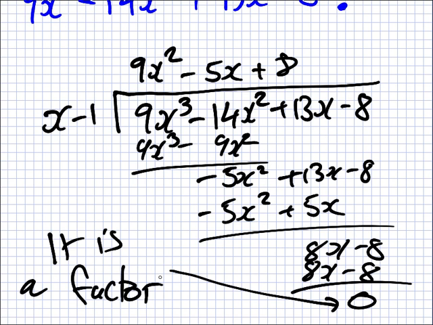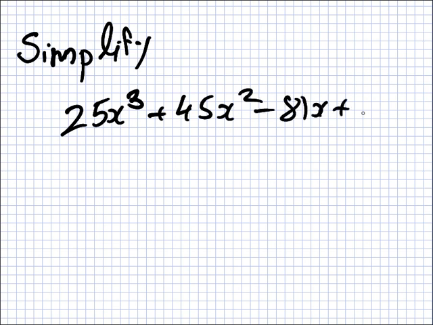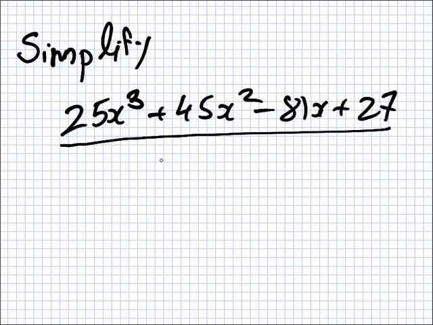So, let's say I have a question like this one. Simplify 25x cubed plus 45x squared minus 81x plus 27 over x plus 3.